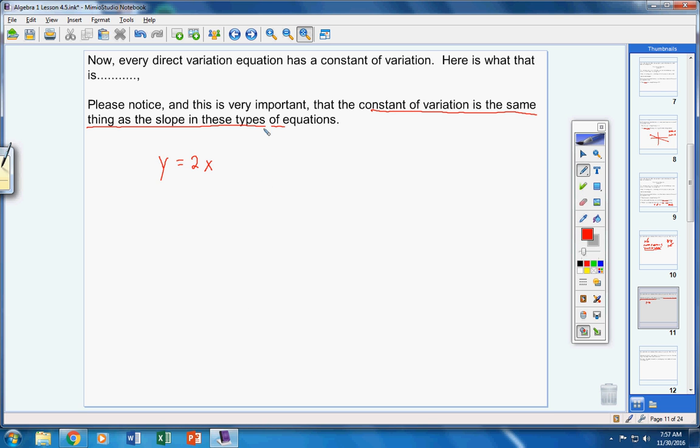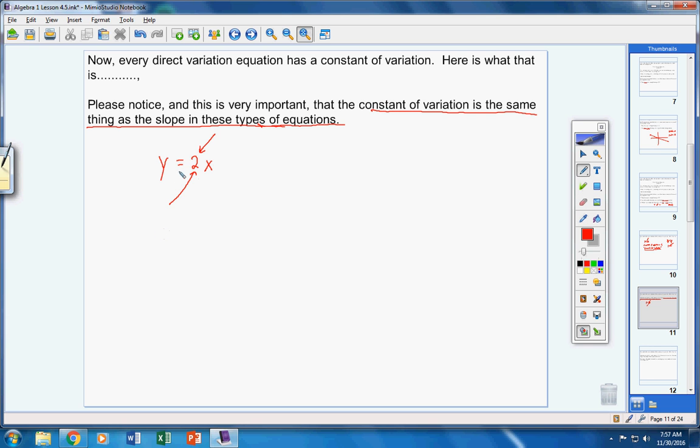If I gave you a problem like that, is that a direct variation equation? Yes, it is. Is the y isolated? Yes, it is. So what's your constant of variation? 2. But also if I said what's the slope, you would say the slope is what? 2.